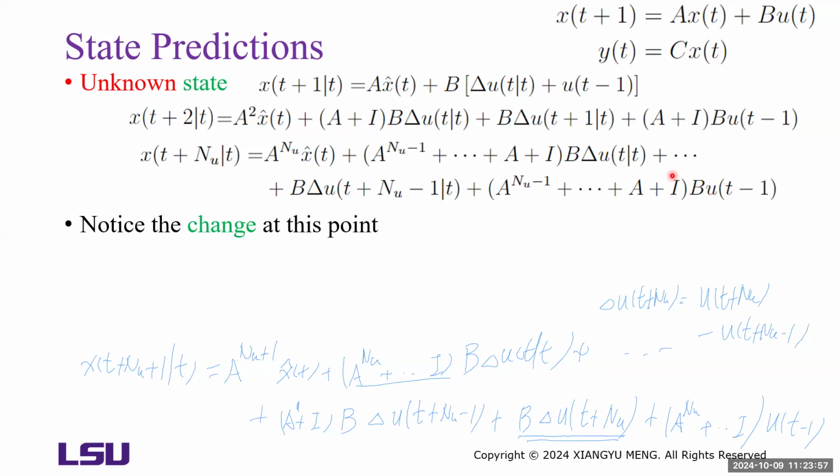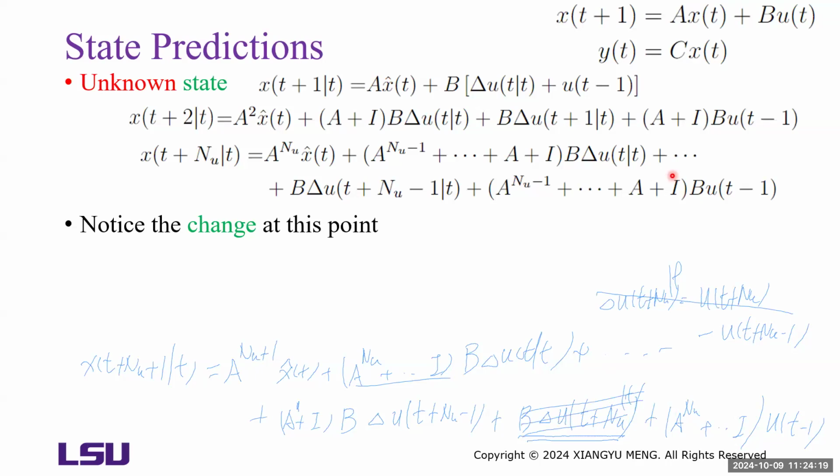We know that u t plus nu has the same value as u t plus nu minus 1. Therefore, the delta u t plus nu condition on t will be 0. So therefore, this will be 0.